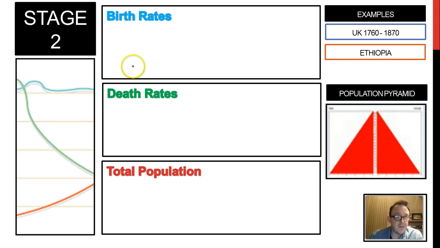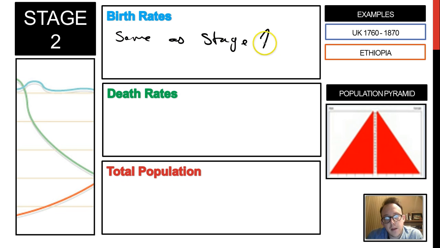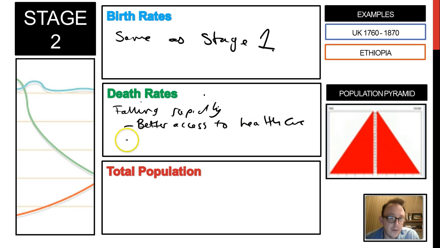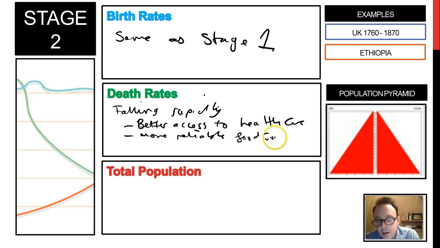Now, for this stage here, birth rate is the same as stage 1. So they're high and fluctuating, and that's to do with the lack of access to contraception, etc. Death rates are falling rapidly, and this is down to better access to healthcare, more reliable food supplies, and better access to clean water or better sanitation, we'll say.